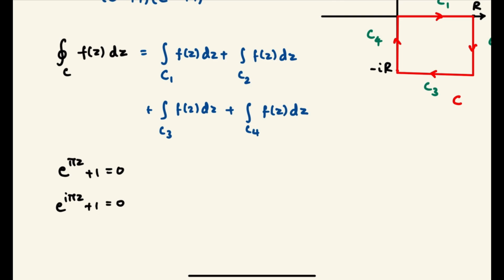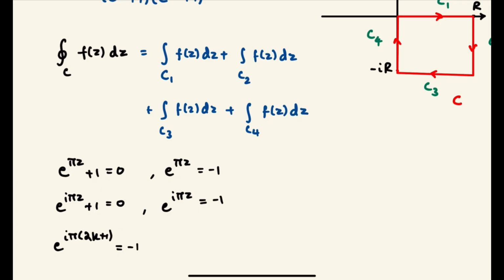Okay. For the top case, we have e to the pi z equals minus 1. For the bottom case, we have e to the i pi z equals minus 1. Okay. And now, from our complex analysis knowledge, we know that e to the i pi times (2k plus 1) equals minus 1. So for the top one, we can just let z equal i times (2k plus 1), right?